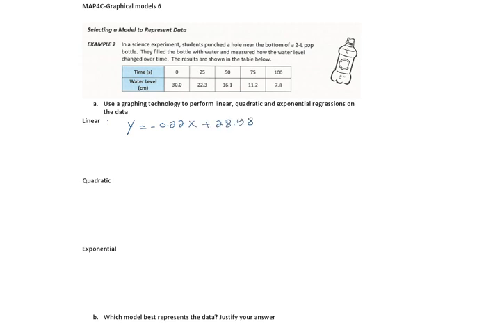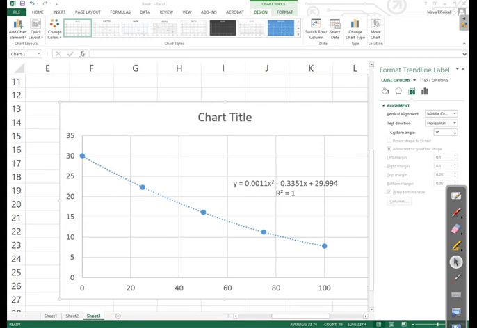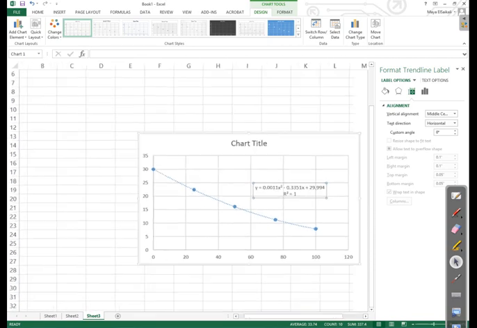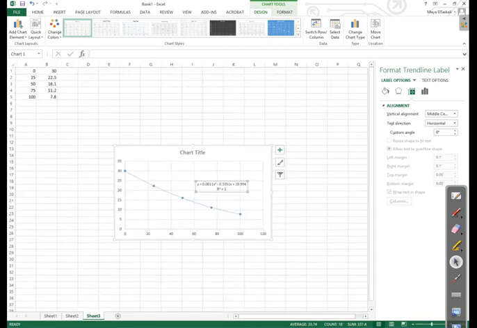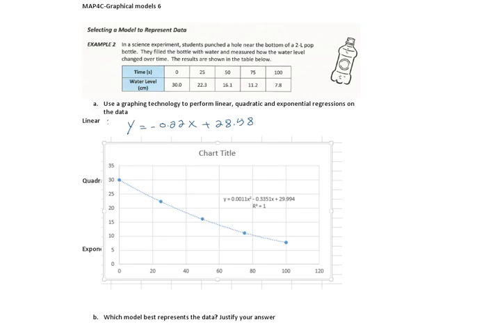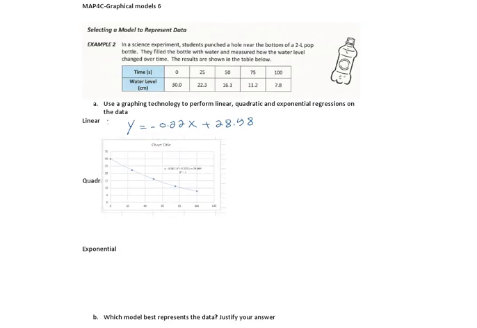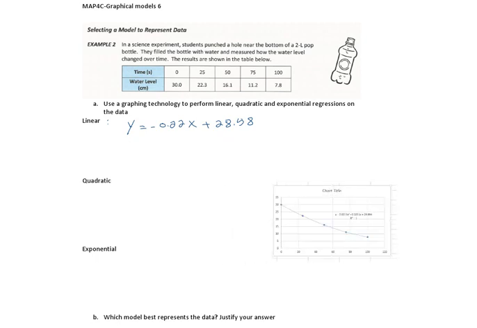You know what? Let me do this instead. Then it will be better. So this is the quadratic. I'm going to do this. This is here.